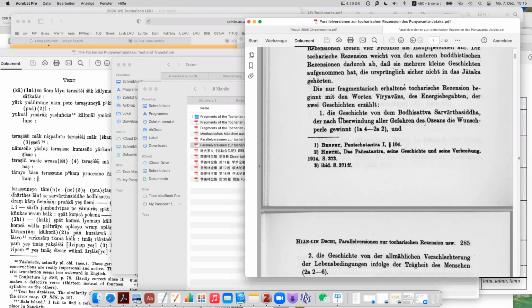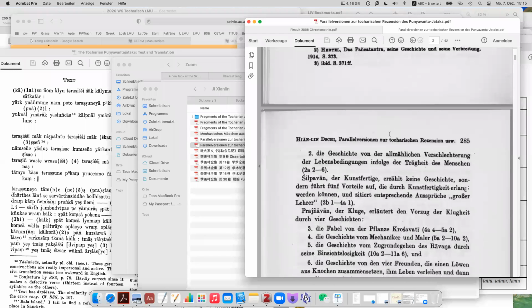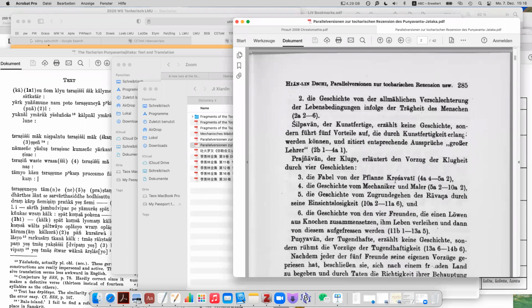After conquering the dangers of the oceans, he obtained the wish jewel, Sanskrit Chintamani. The second story is about the gradual deterioration of living conditions as a result of human laziness.